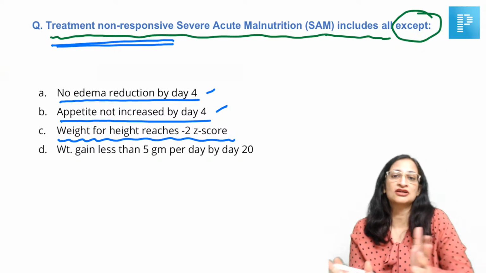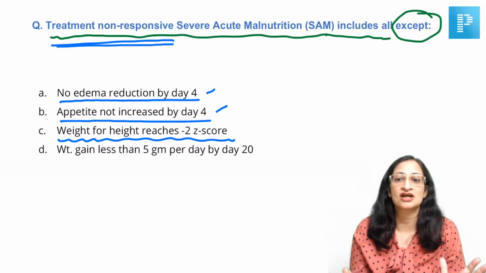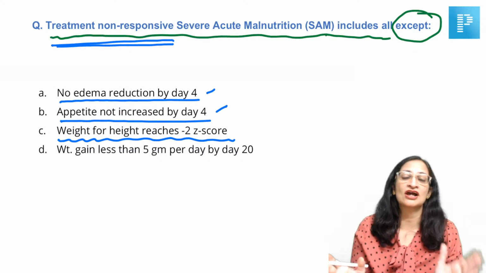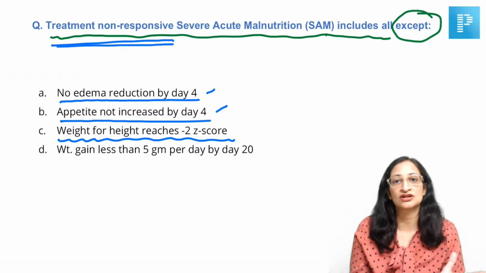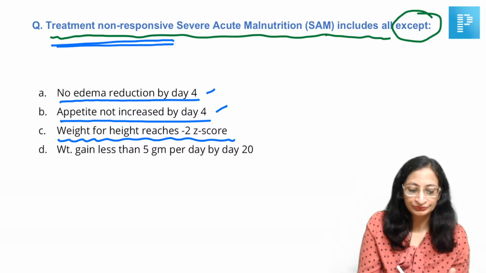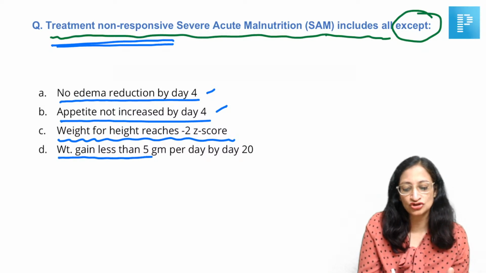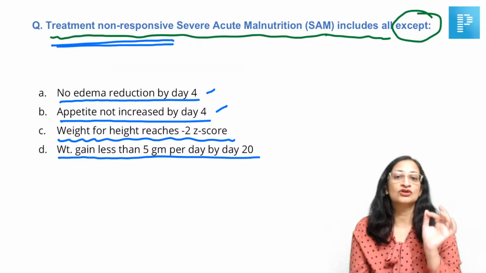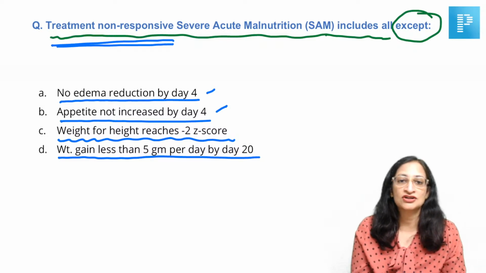Weight for height reaching -2 Z score, we've seen, is not a discharge criteria. We do not see whether the child has achieved the weight for height of -2 Z score or not. From -3, whether it has reached -2 or not, we don't see. But we see that weight gain should be there. Adequate weight gain of 5 gram per kg per day by day 20 should be there.